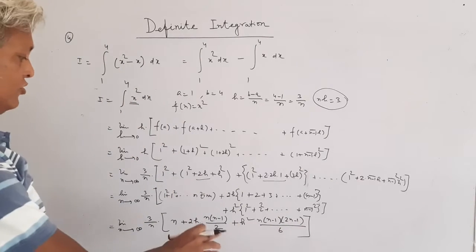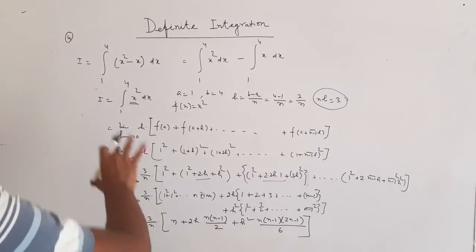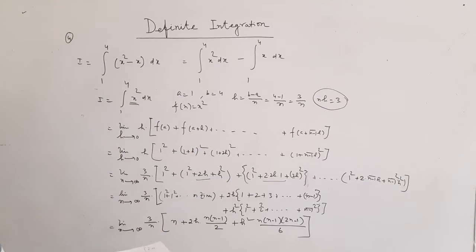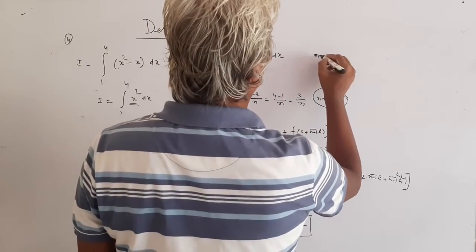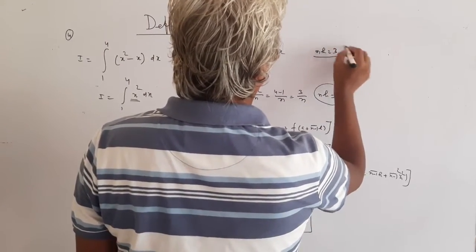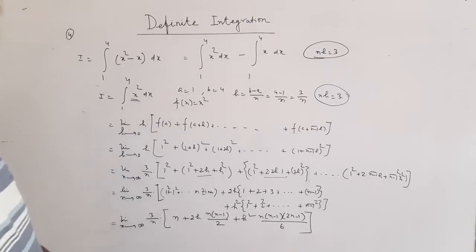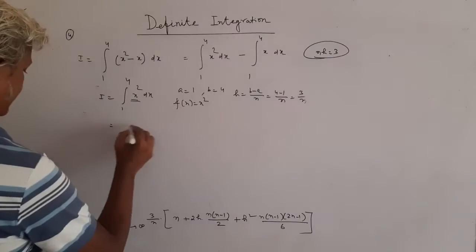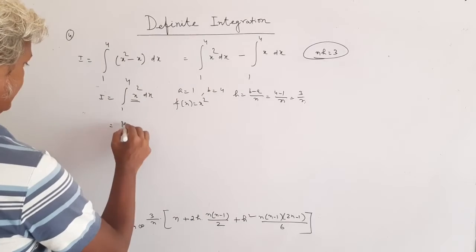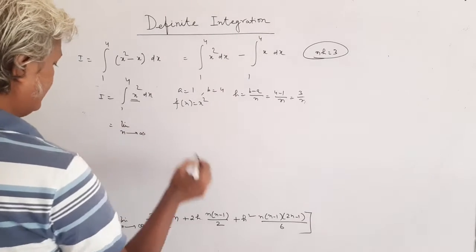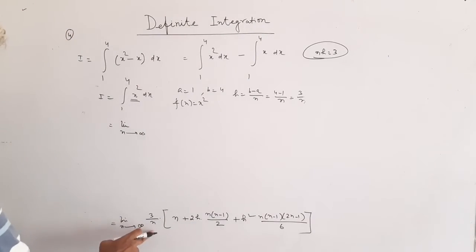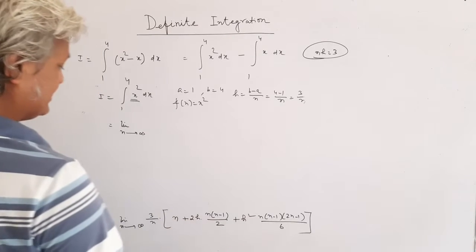Now I need to solve it precisely. I want to remove everything so that you don't have any doubt, and I am retaining this nh equals 3. This you need to remember: nh equals 3. So what do we have now? Limit n tends to infinity, 3 over n. Now see, 3 over n is here, h is here, and this is n square, h is there.